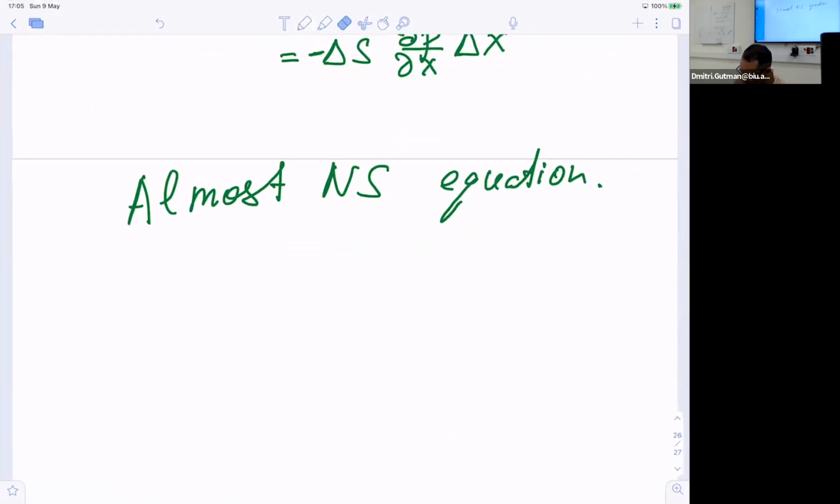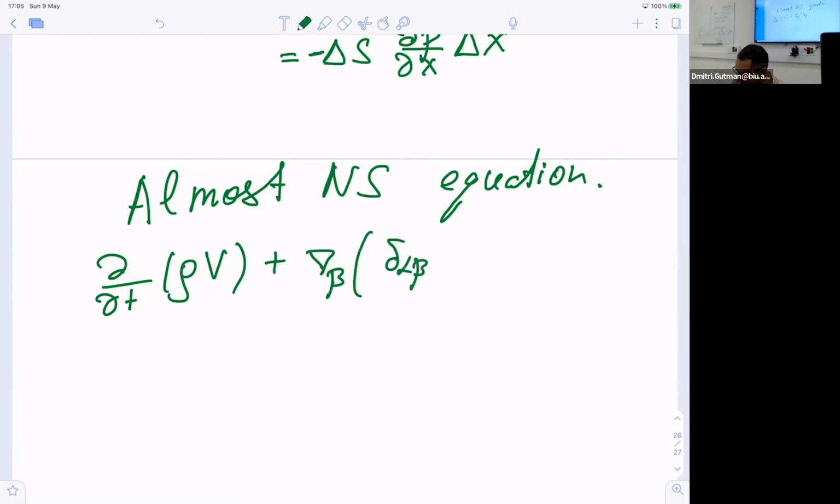So we have an equation that says d/dt of rho V_alpha, plus the gradient component beta of delta_alpha_beta P plus rho V_alpha V_beta, equals 0, with a sum with respect to beta.